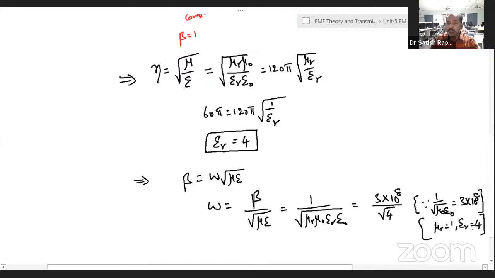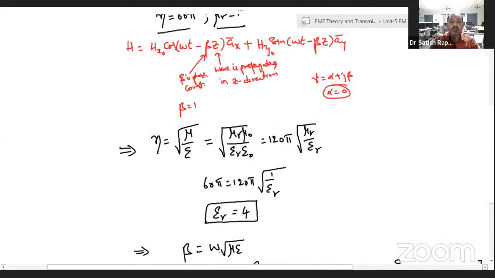Substituting these values and simplifying, you will get omega is equal to 1.5 into 10 power 8 radians per second.